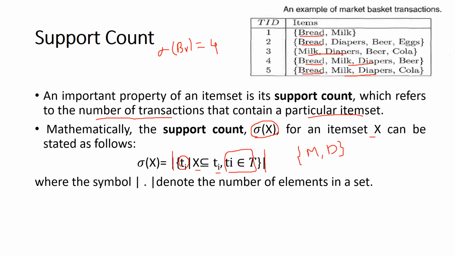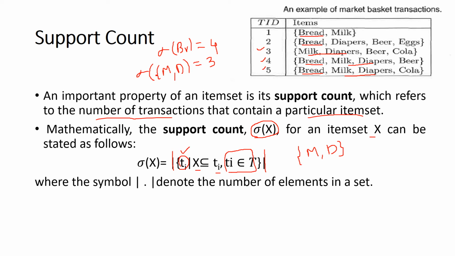So the support count, rho of X, where X is the item set milk and diaper, is equal to 3, because the set of all Ti are 3, 4, and 5.